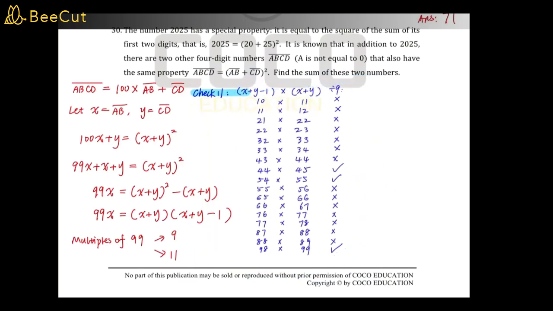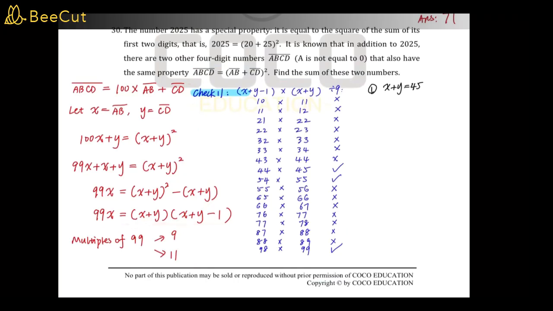Let's check for the corresponding numbers. First one, if X plus Y is 45. Then look at this part.